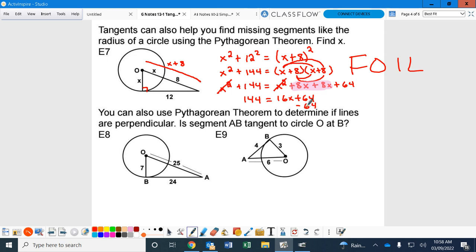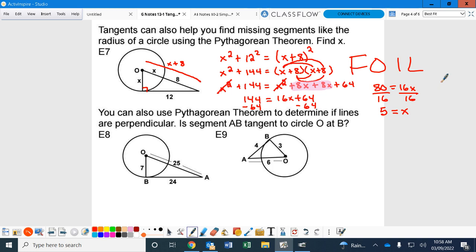So I'm going to minus 64, minus 64. What is 144 minus 64? 80 equals 16x. Divide by 16, divide by 16. What's 80 divided by 16? 5 equals x. There we go. Some of them you'll be asked to find x. Some of them you'll be asked, is it a tangent based on Pythagorean theorem?